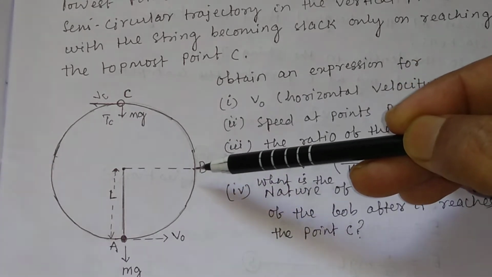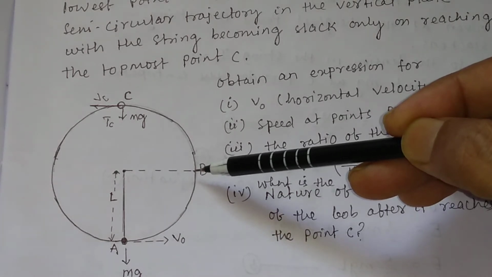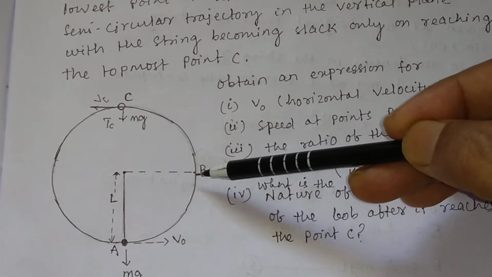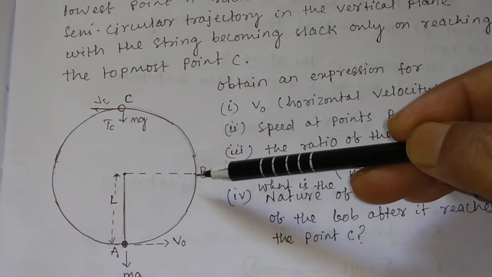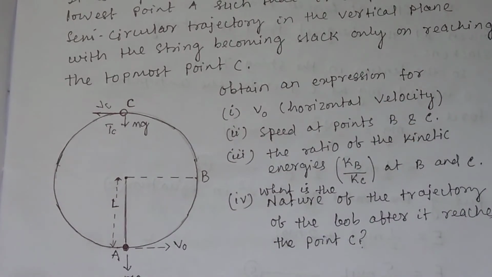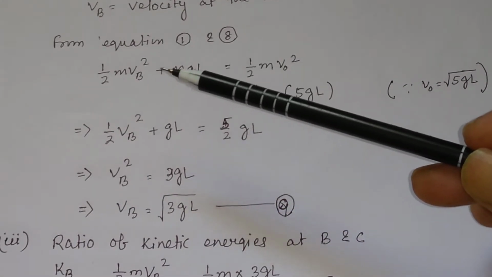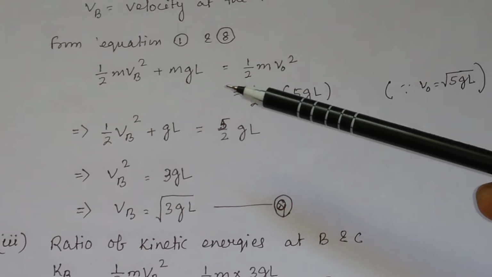So the kinetic energy here will be equal to half m vb square, and the potential energy is mg into h. Here the height h is equal to L. So the potential energy will be equal to mgl. So total energy is equal to half m vb square plus mgl.